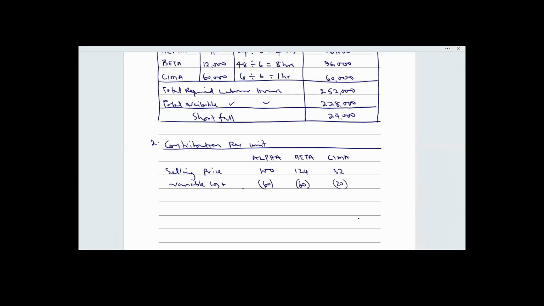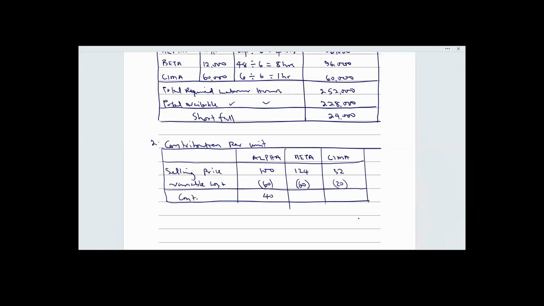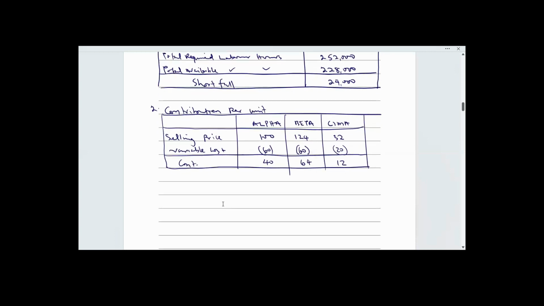The difference represents the contribution we are looking for. So contribution is 40 naira, 64 naira, and then 12 naira. This is consistent with the proposal in the last paragraph, where we are given 12 naira contribution for sigma. So our calculation is consistent with that.